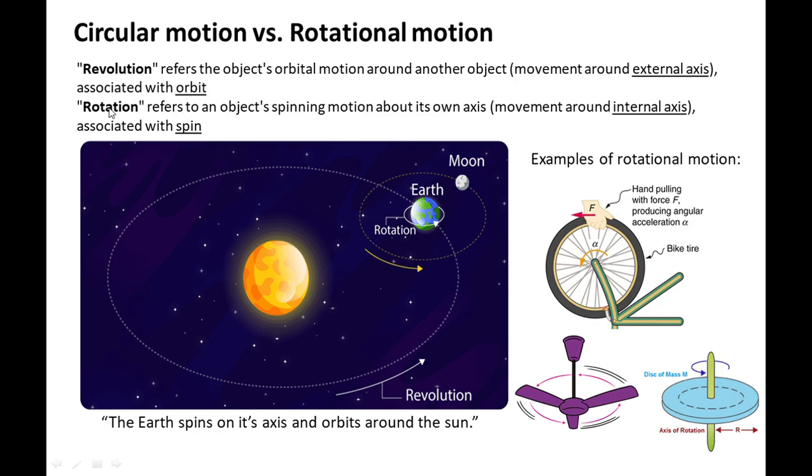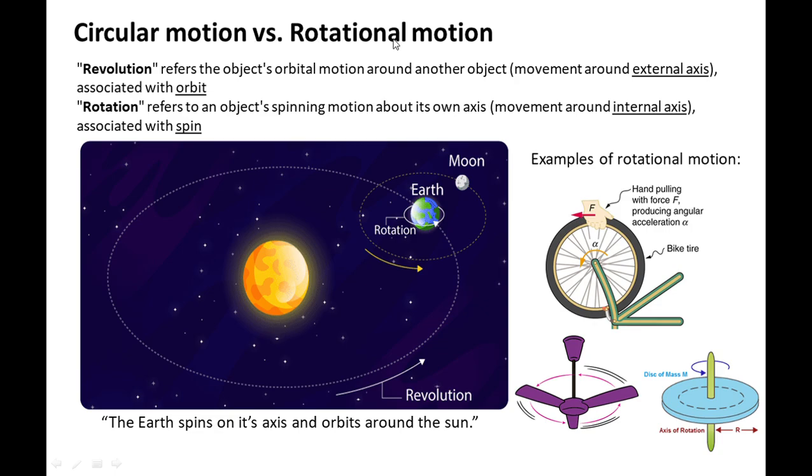Say, for example, the rotation of the Earth around its own axis is what we call a rotation. So these are examples of rotational motion here: the movement of a wheel, this one, the propeller, and the rotation of a top. So these are rotational motion, while circular motion is the motion of the Earth around the Sun. So that is the difference between circular motion and rotational motion.